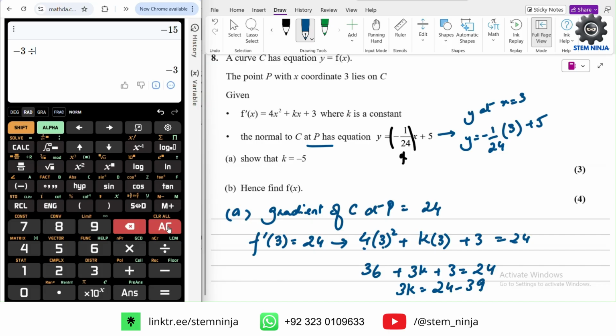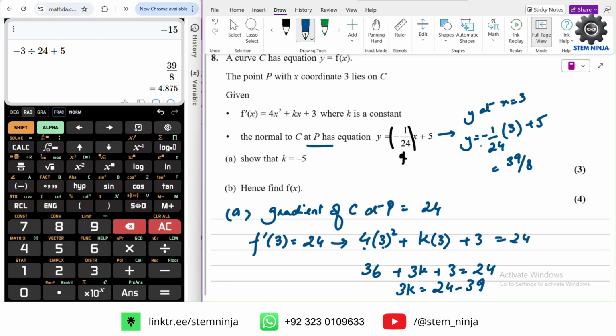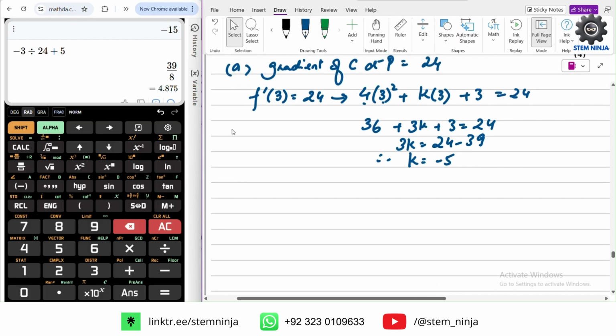The minus 3 divided by 24 plus 5 is 39 over 8. So this is the point where f of x is passing through.